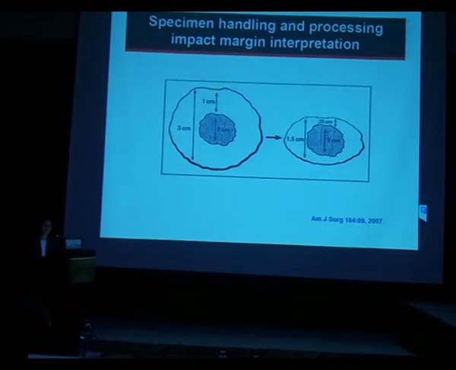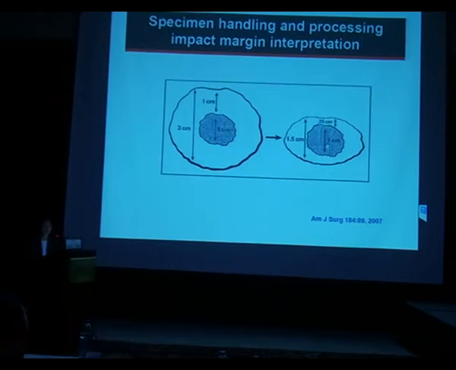During all these specimen X-rays, specimen handling is very important. There are some radiology devices to X-ray the specimen. They use this pressure, and since the majority of breast tissue is very fatty, when you put pressure on it, you reduce your margins.